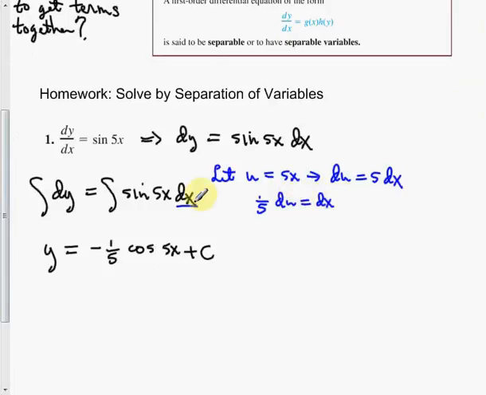So there we have the y on the left side is equal to the integral of sine u, and then the 1/5 du represents the dx.